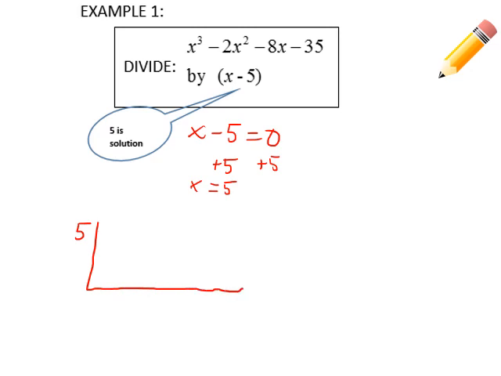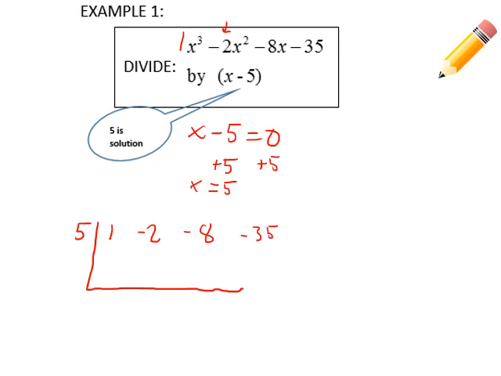On the outside, we use that solution to the binomial. On the inside, we write the coefficients of the other polynomial. So the leading coefficient is 1, followed by the coefficients -2, -8, which is the next one on our x term, and our constant term.